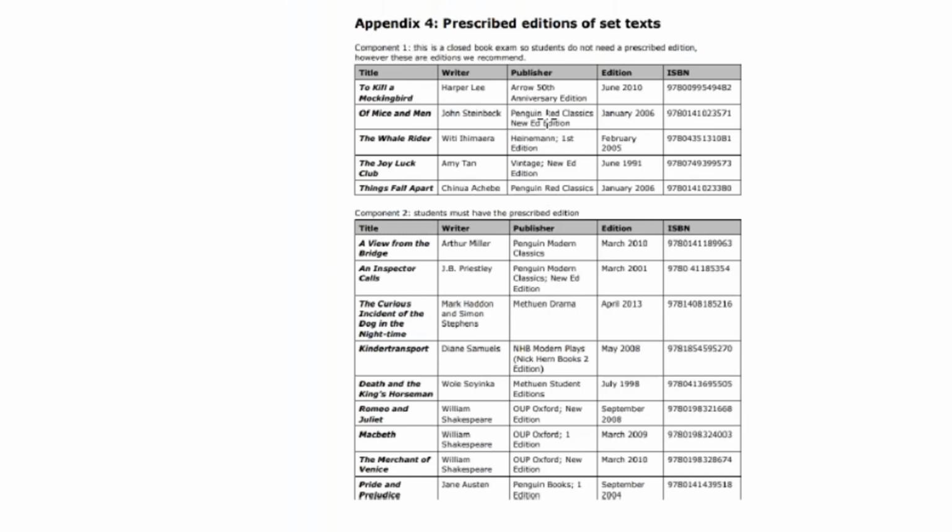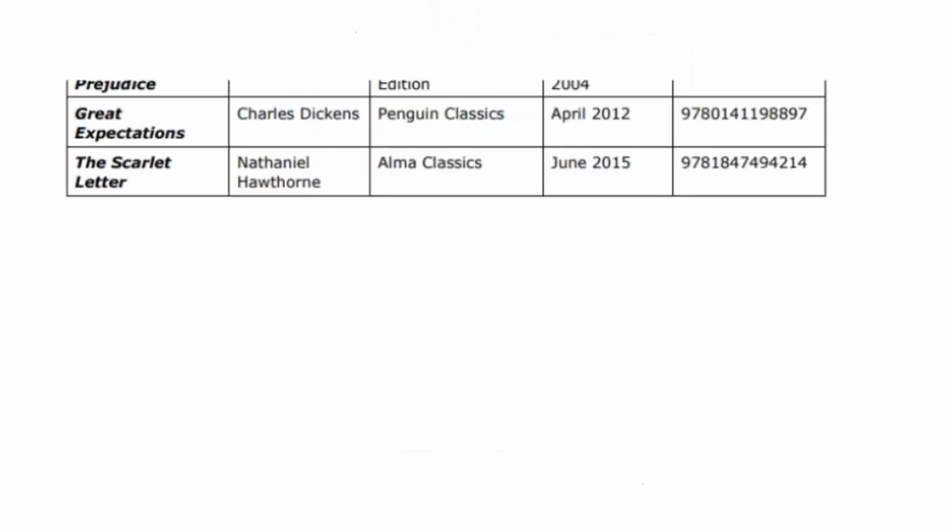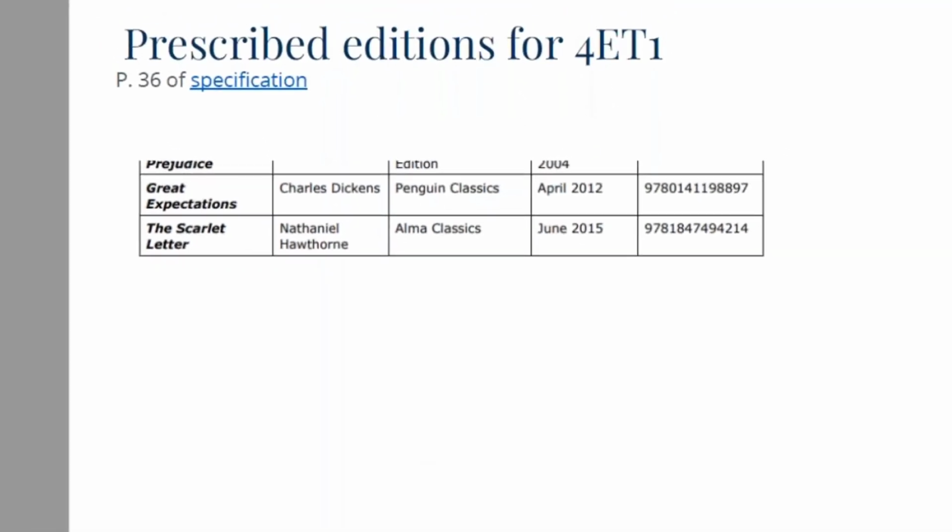So if you happen to have a different edition of a component 1 text, that wouldn't matter, but it's up to you because, as I said, the examiners use our prescribed editions and there can be differences. So it is in your students' interest to use the one specified. So that's most of them, and then there's just a couple more.